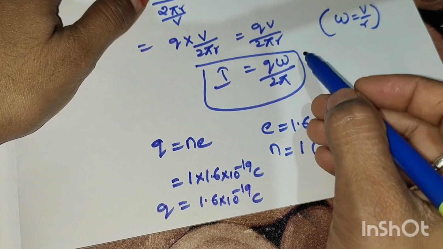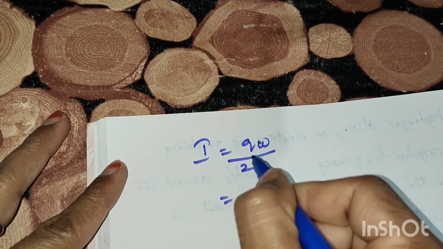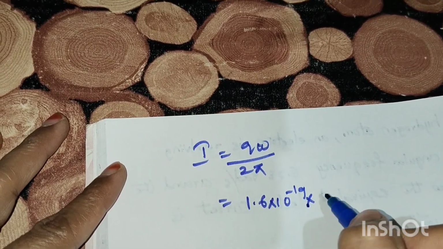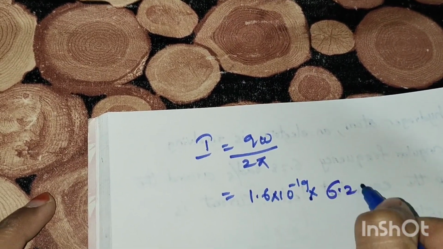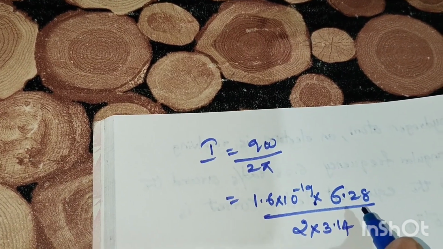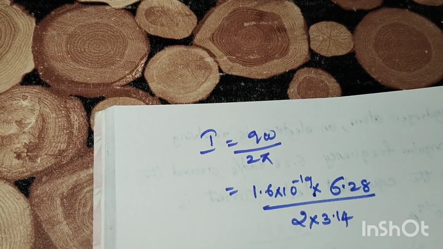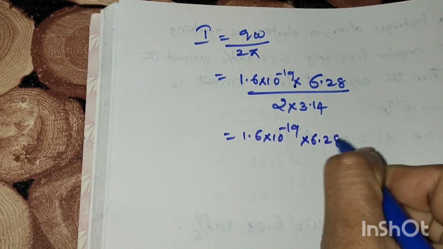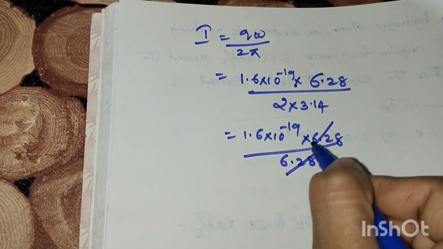Substitute the value of omega and Q, you will get the value of current I. So Q is 1.6 into 10 power minus 19, and omega is 6.28 radian by 2 into 3.14. Pi value is 3.14. So what you will get here? 1.6 into 10 power minus 19 into 6.28 by 2 into 3.14, which is 6.28. 6.28 will be cancelled.